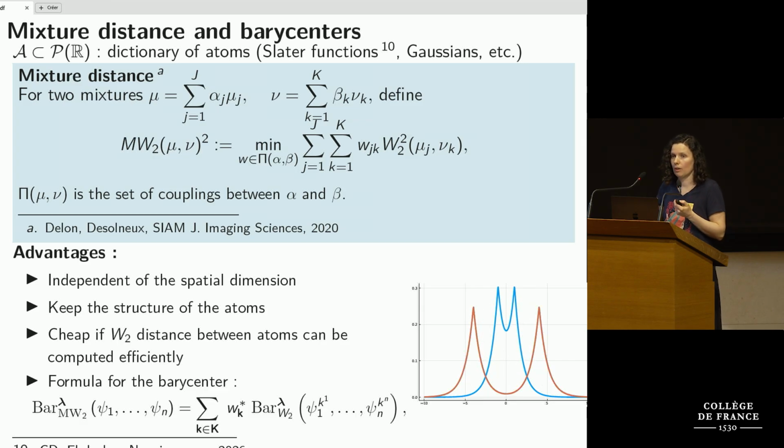Coming back to our parameterized solutions, what we managed to prove in that case is that for this mixture distance, the nonlinear Kolmogorov n-width is 0 for two symmetric atoms. So here, in green we have the barycenter, and it's actually exactly the solution between the two solutions.